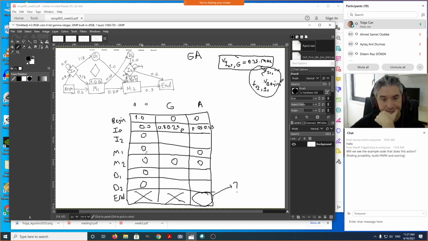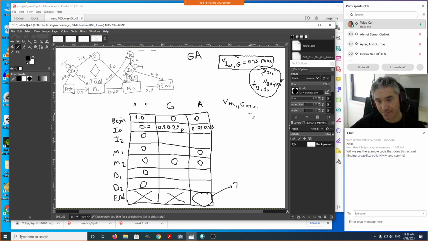All right, now M1A was 0. Let's compute this one. What is the probability of the best path that ends at G at M1? The emission probability of G is 1.0 at M1, so 1.0 times the maximum of two things again.